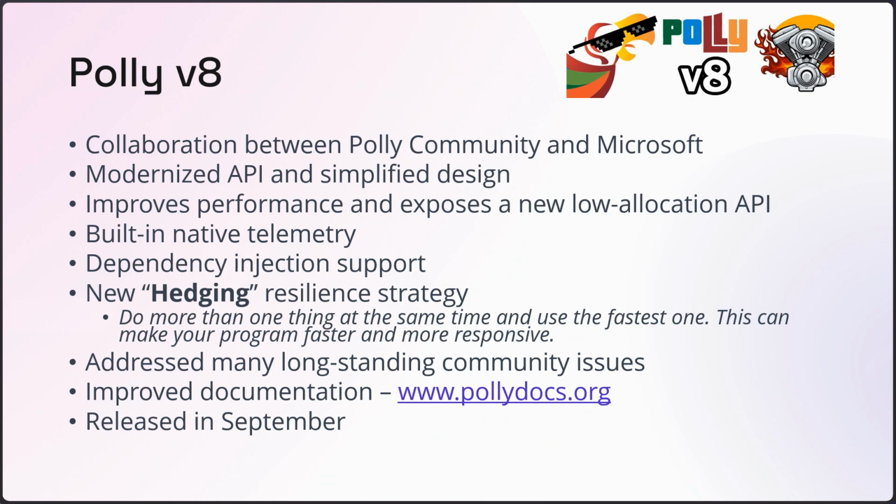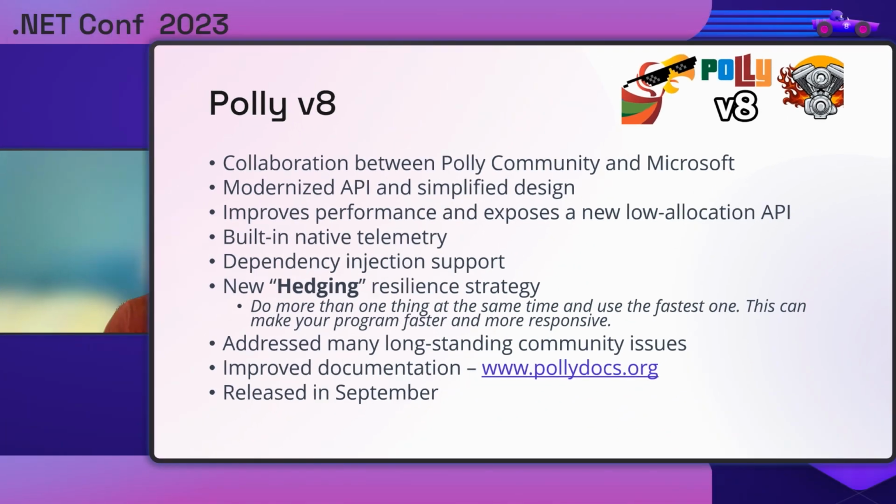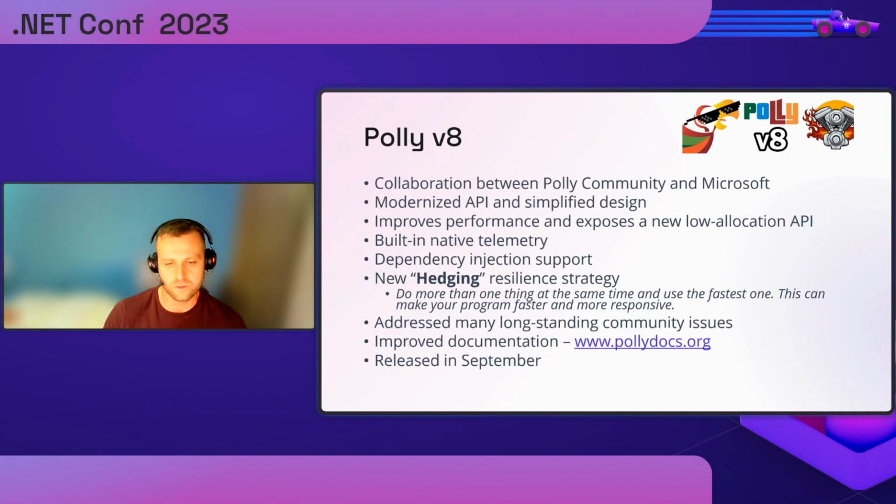Also important to note is that Polly V8 addressed many long-standing community issues that were simply not possible or very hard to fix with the older design. We also worked on the documentation, so you can visit the pollydocs.org site, and we got many great contributions from the community that contributed the content for these docs.